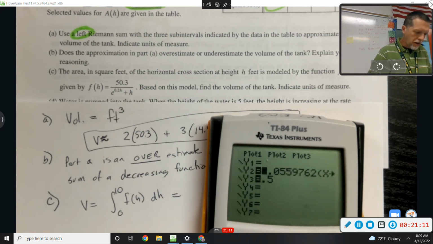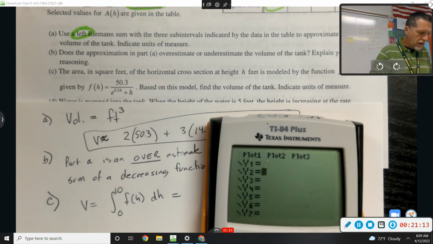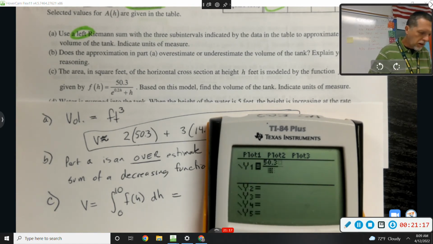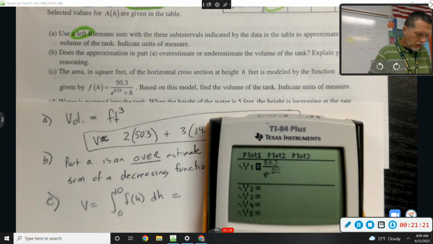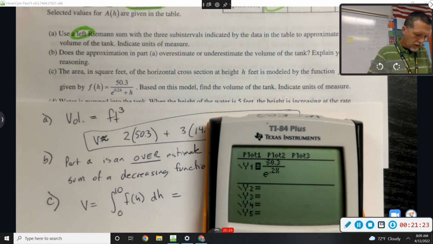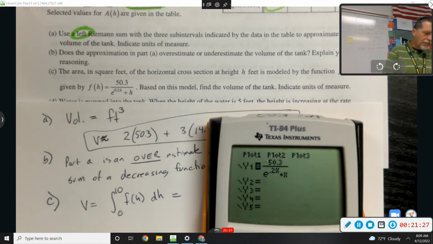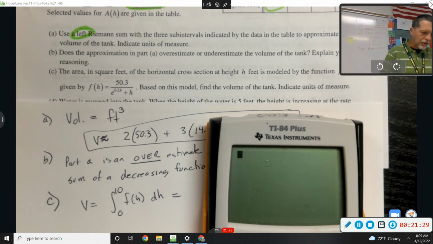All sorts of mess in here. 50.3 over e to the 0.2x plus x. And I could graph it from 0 to 10, but I don't really care.